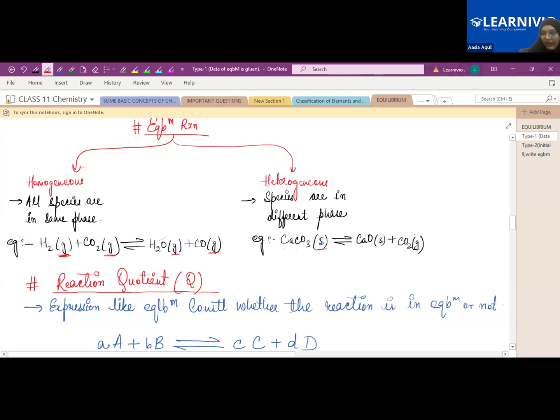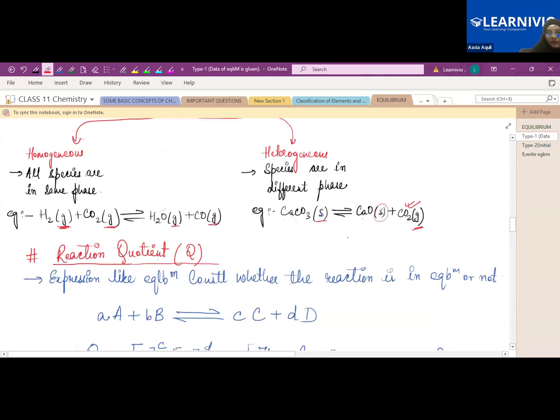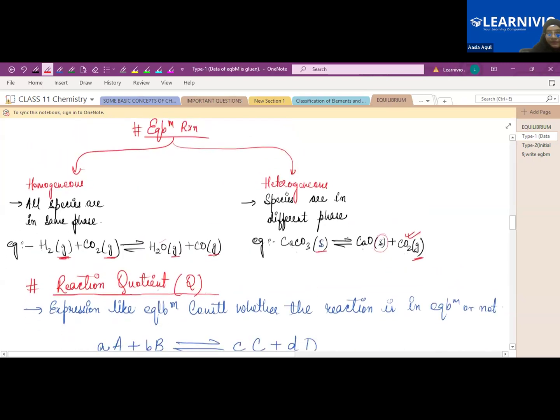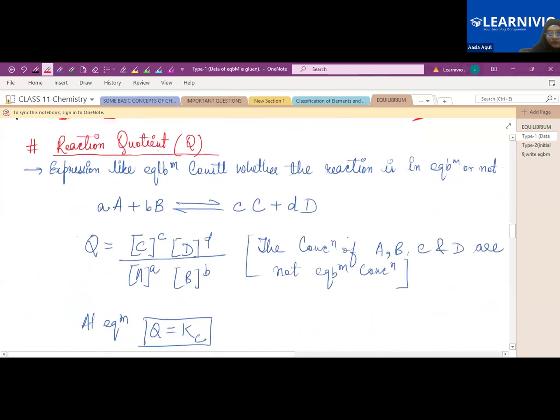So carbon dioxide here is in the gaseous phase, but the other things, CaCO3 and CaO, are in the solid phase. So here you can see there are two different phases, solid as well as gaseous. This type of equilibrium reaction is known as a heterogeneous equilibrium reaction, where the species are in different phases. Is it clear? Yeah, ma'am. Yes, ma'am.